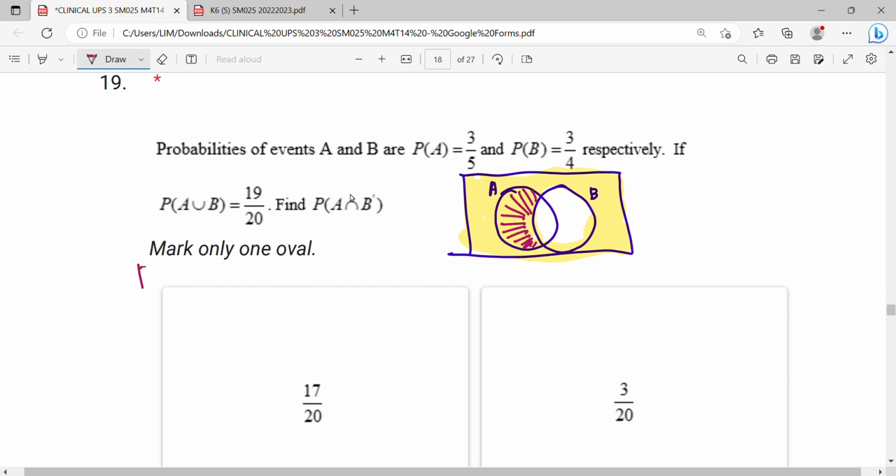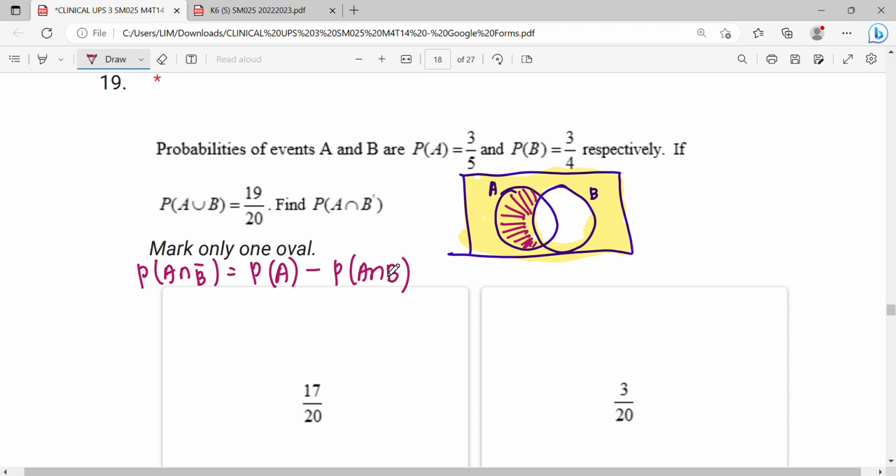So A intersect not B is equivalent to probability A, the whole circle of A, minus the intersection. So A, you have or not? Yes.